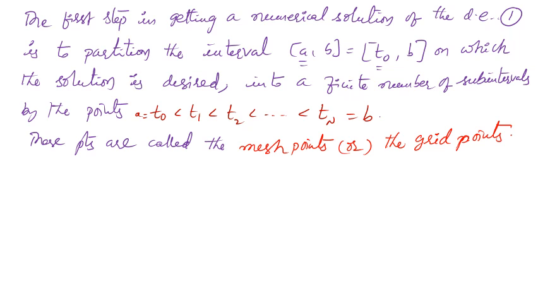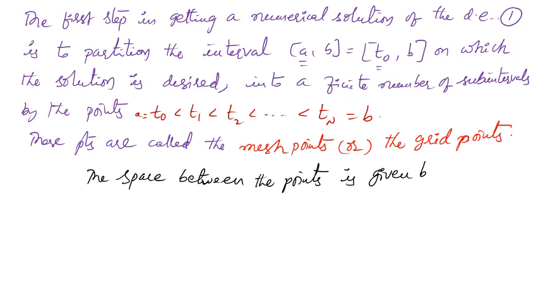The space between the points, meaning the common difference, is denoted by hj. hj is defined as the difference tj minus tj minus 1, for j equals 1 to n.